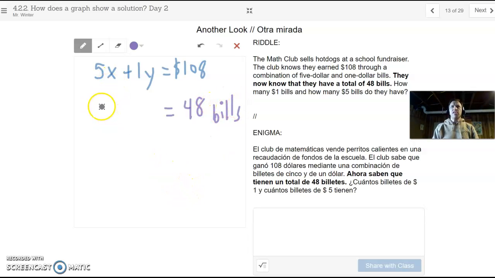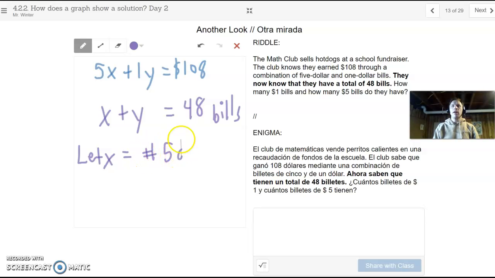So we're still going to use X for our $5 bill number plus Y for our $1 bill value. And so we can define these values by saying let X equal the number of $5 bills.